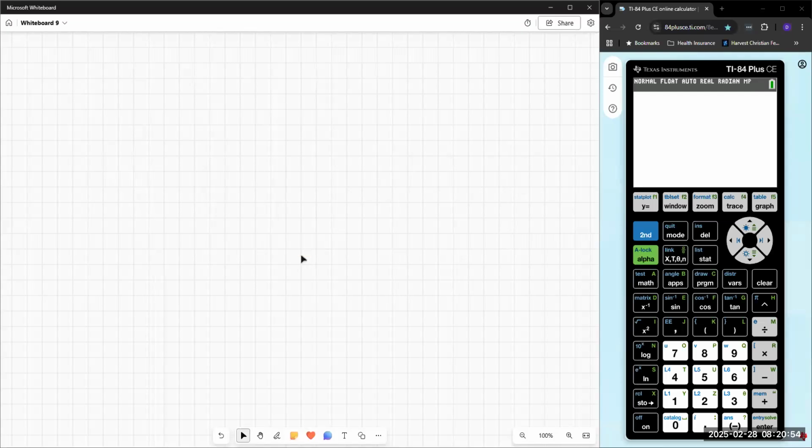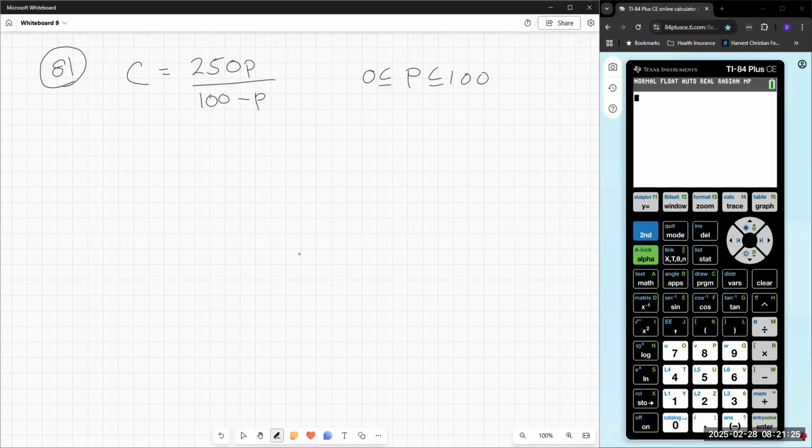Just review. It talks about the cost of seizing p% of the illegal drugs in the country, giving the function 250p over 100 minus p, where p is a percentage that is between 0 and 100, and C is in millions of dollars.